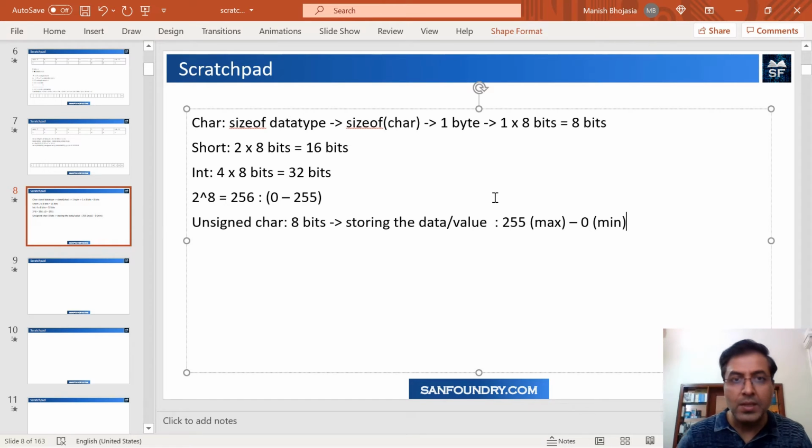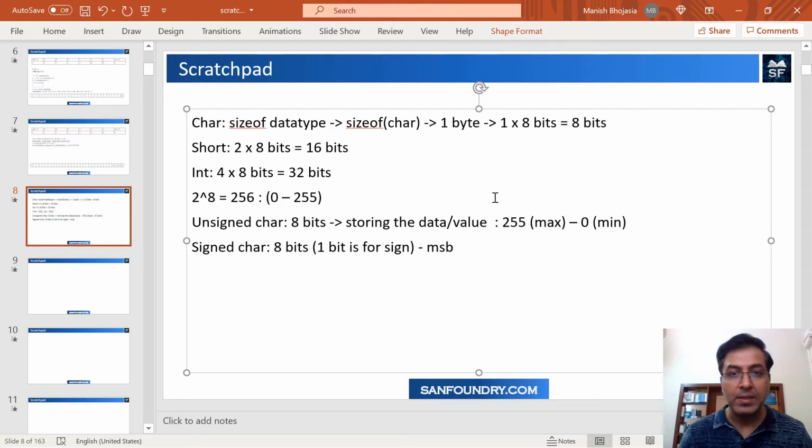The moment we think about signed, we have an additional qualification on the data, that the data is signed. That signed information also gets stored in the same 8 bits. So when you talk about signed char, 8 bits are the total bits we have, out of which 1 bit is for sign. We generally call it the most significant bit in our programming practices.